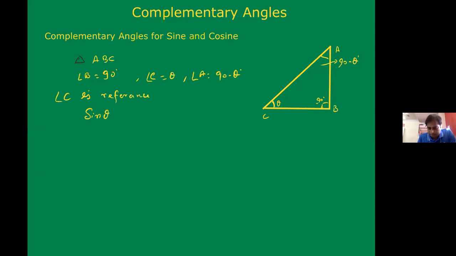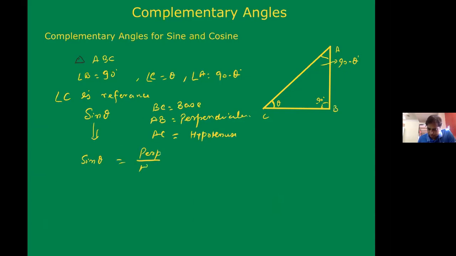So BC will be the base, AB will be the perpendicular, and AC will be the hypotenuse because it's opposite to the 90-degree angle. Now sine theta is perpendicular by hypotenuse.